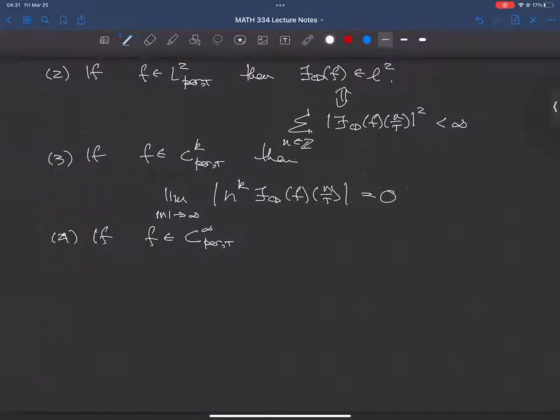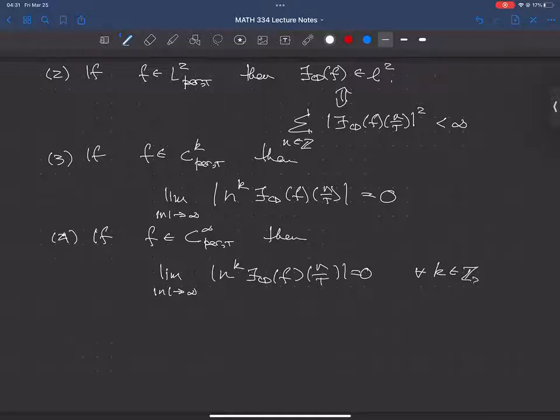And so for C infinity, that means that holds for all derivatives. So if f is in C infinity per, then this has to hold for every k, of course. So this means that the CDFT has to decay faster than any polynomial in n.